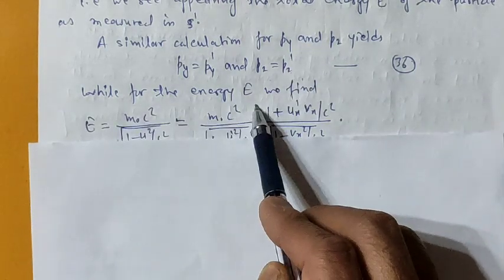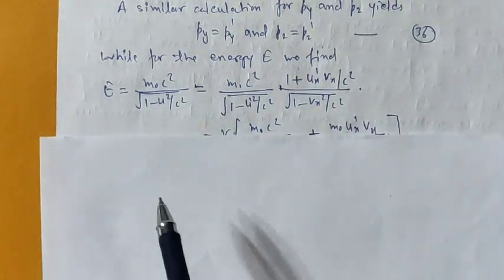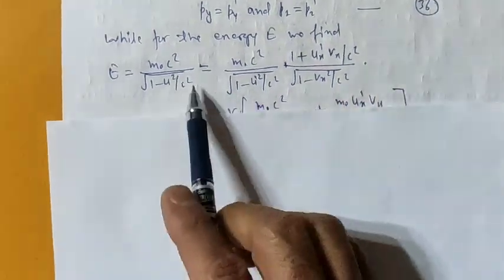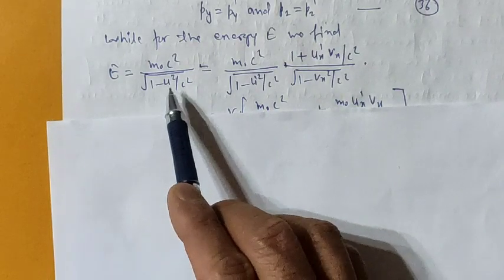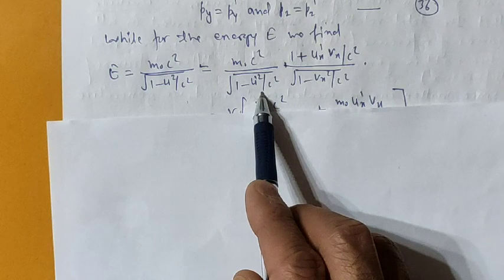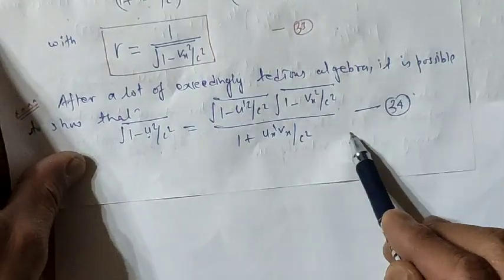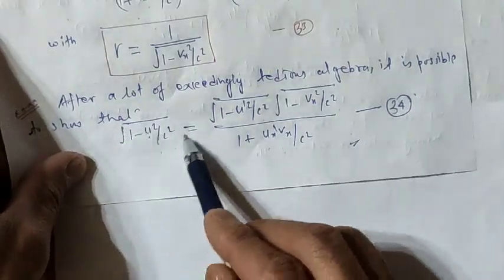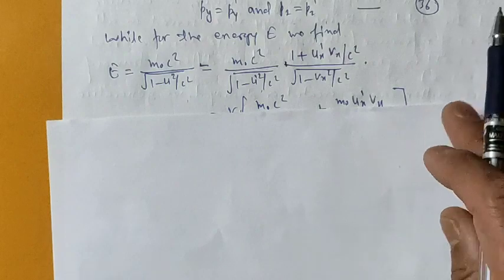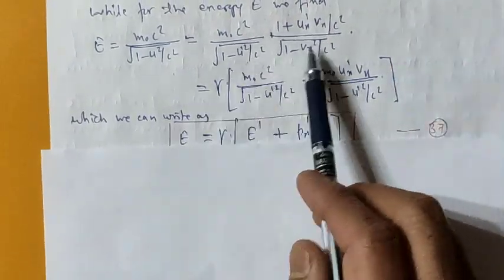While for the energy, E is equal to m naught c square divided by under root 1 minus u square divided by c square. Again putting the value of 1 minus u square divided by c square from equation number 34 into this relation, you have this relation. So again we are expanding it.